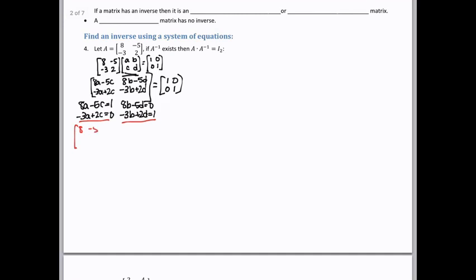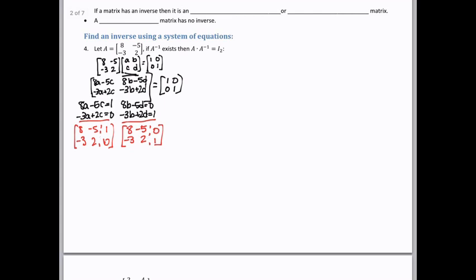So we'll have our coefficients. This would be an augmented matrix with that 1, 0 on the other side. And same thing over here. Now, check out these two matrices. What do we notice? The left side is exactly the same. Our coefficient matrix is the same.